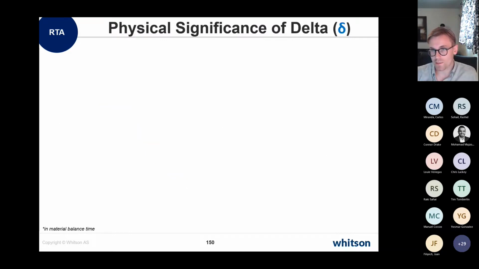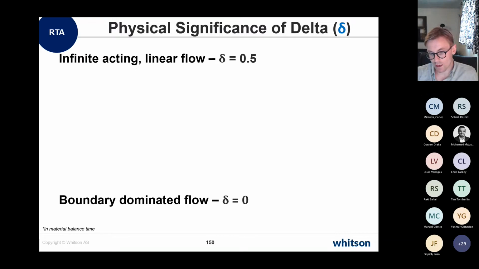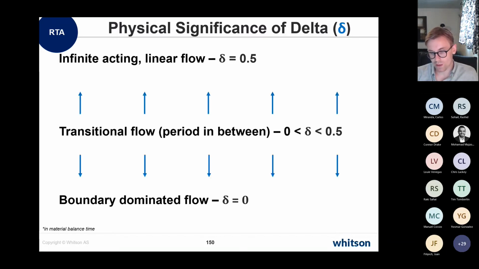When delta is 0.5, we're dealing with something that's infinite acting linear flow, and when we're dealing with boundary dominated flow, then delta is 0. A value in between these means delta is between 0 and 0.5. So fairly easy to remember, at least the theoretical part.